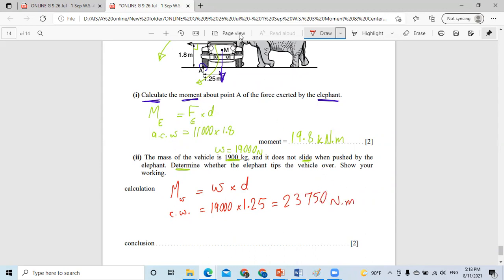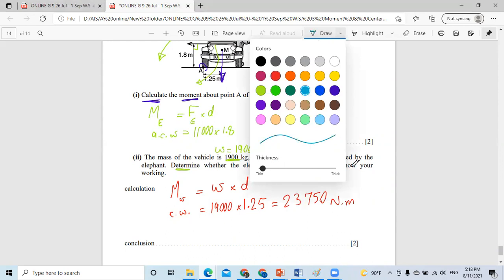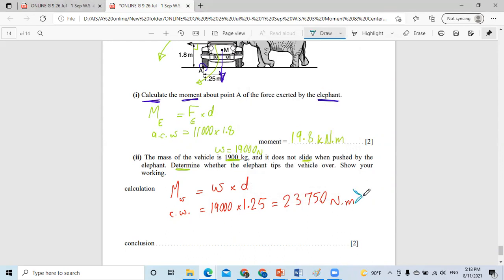Which is what, guys? Which is more than the moment of the elephant, right? Because it's more than the moment of the elephant, does the elephant tip over the vehicle or not?